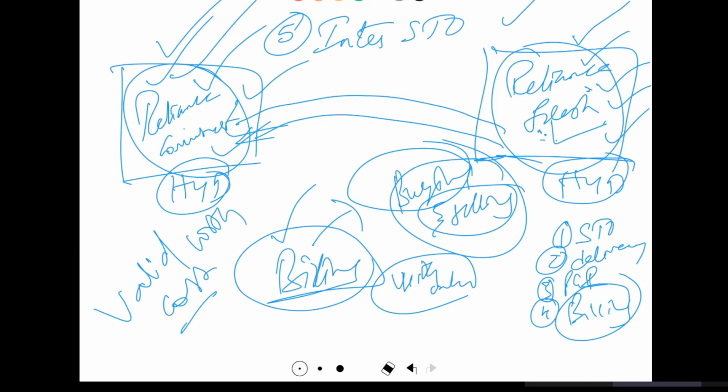I have a little bit of confusion on what you said last, Reliance Fresh and Reliance Communications. Can you repeat? Sorry. You said that when goods are required from Reliance Fresh and Reliance Communications, it's very hard to understand how it works.